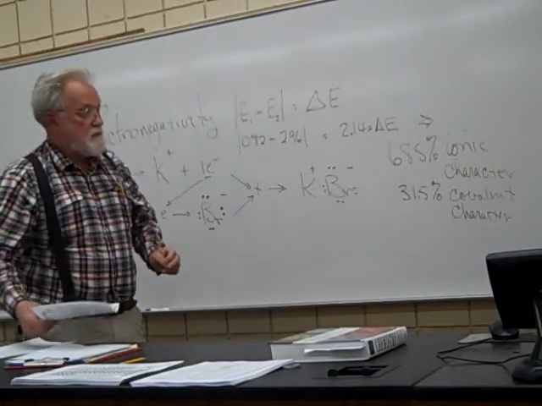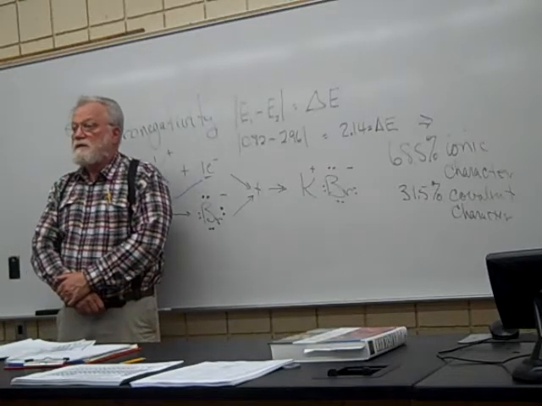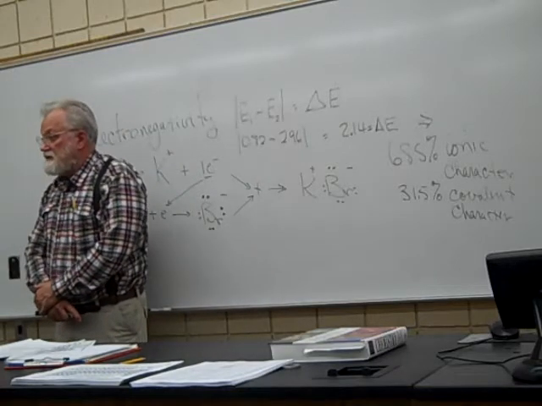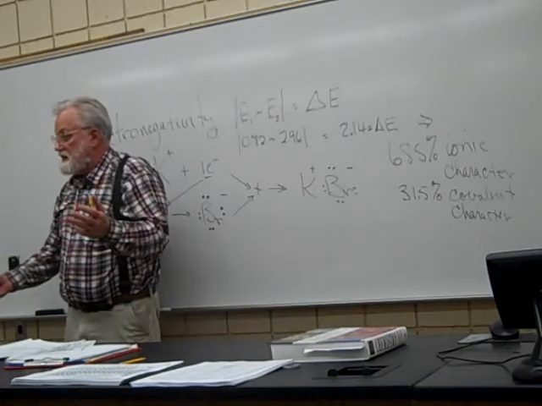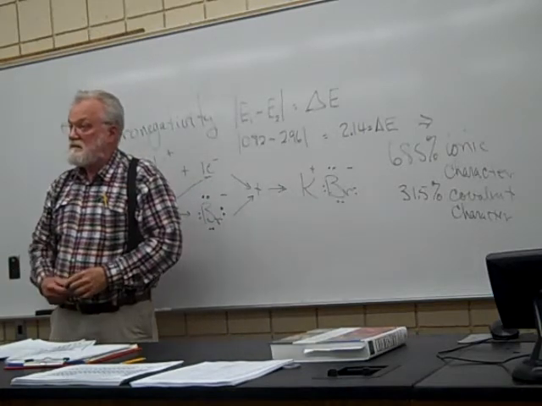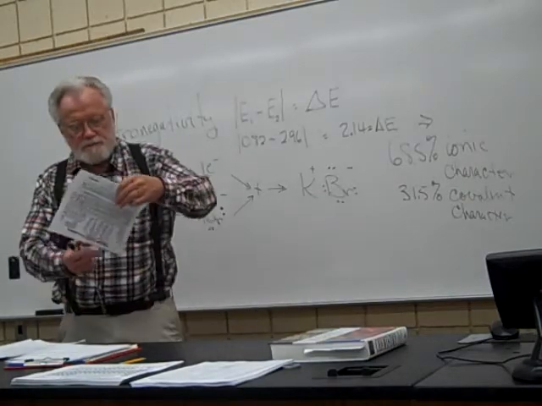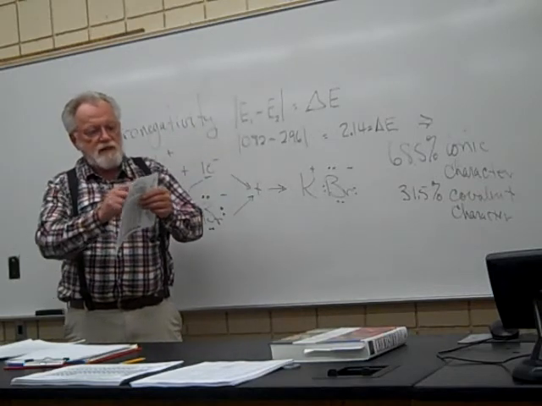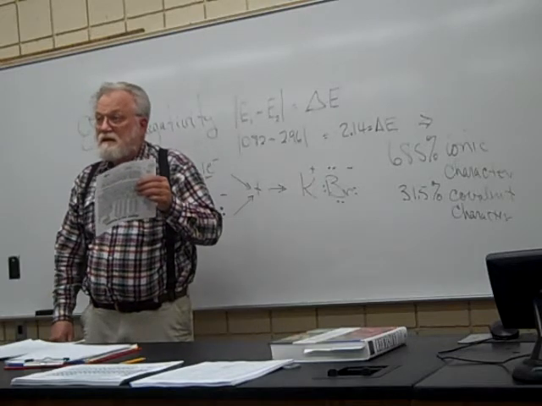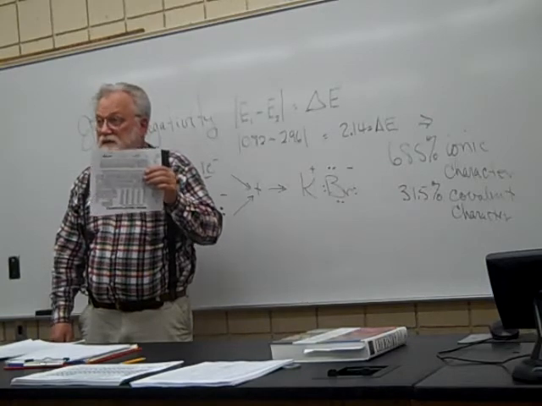Well, what if we had a molecule that had two atoms in it that were the same? They'd have the same electronegativity, and so if you subtracted one from the other, the delta E would be 0. Doesn't get any lower, at least not as an absolute value. So we say that's going to be less than 0.5% ionic. That means from the point of view of being covalent, it's 99 plus.